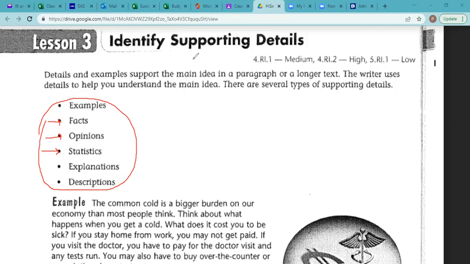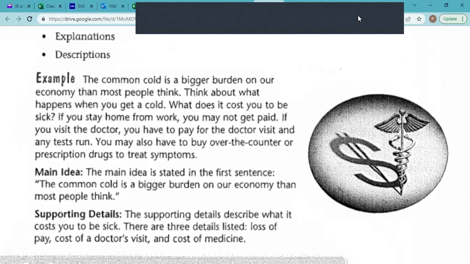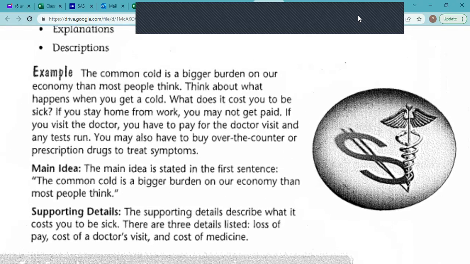Let's take a look at this next paragraph. It says, the common cold is a bigger burden on our economy than most people think. What does it cost you to be sick? If you stay home from work, you may not get paid.